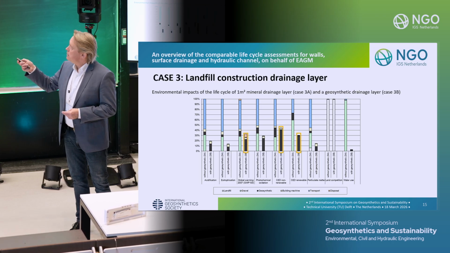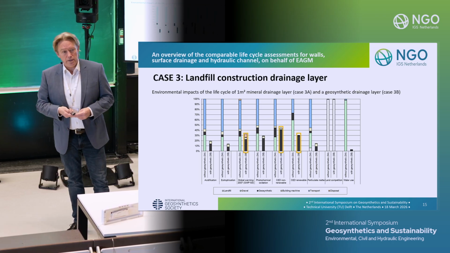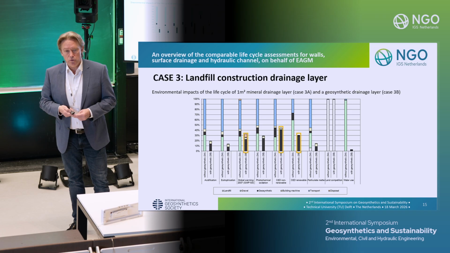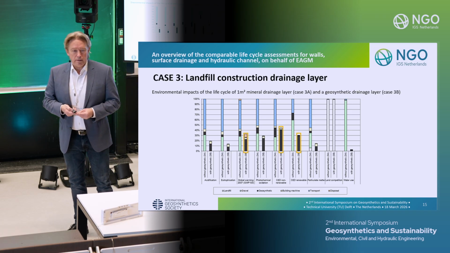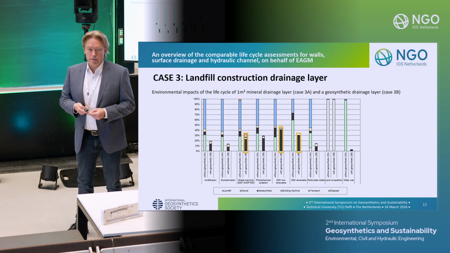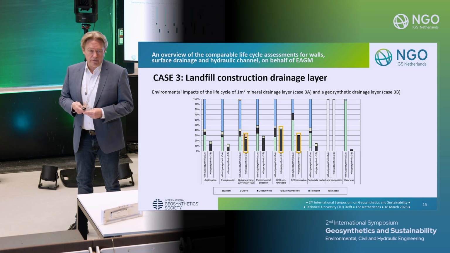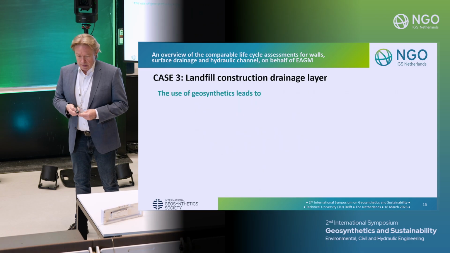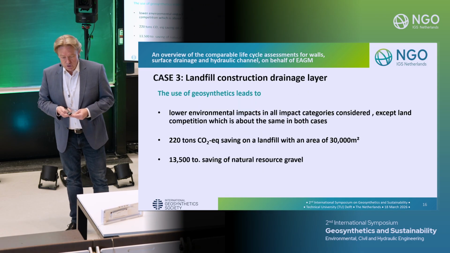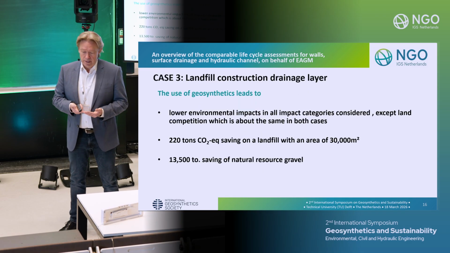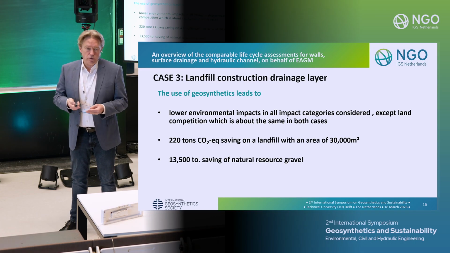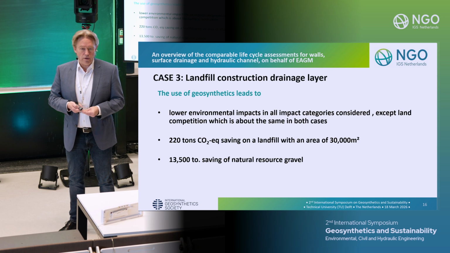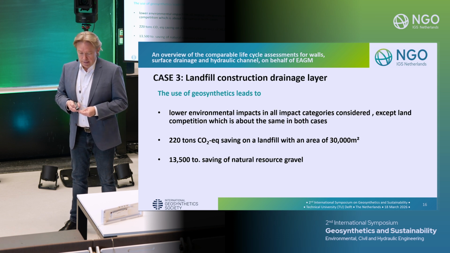Highlighted here in yellow, you can see the energy demand as well as the CO2 emissions, which are not the only ones, but the main impacts which we always had in mind when we evaluate these topics. So what we can see with the use of geosynthetics is a lower impact in all categories, except land use, because 1 square meter is 1 square meter that you have to use for a landfill.